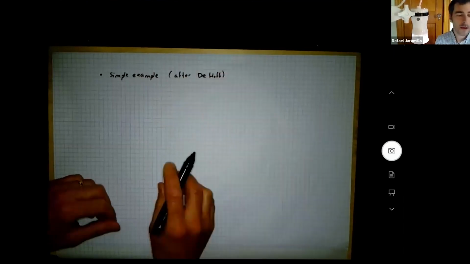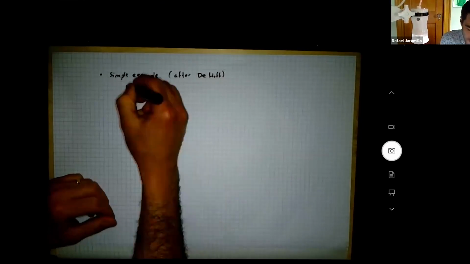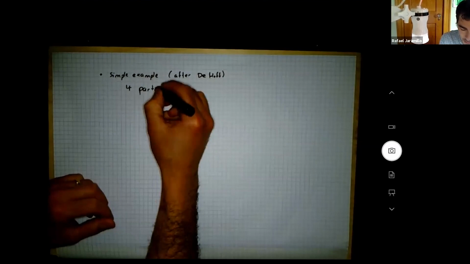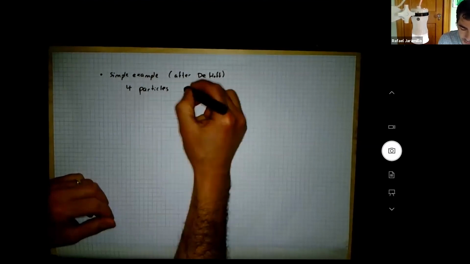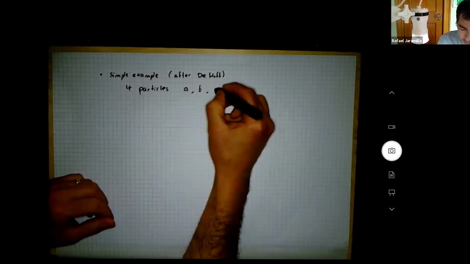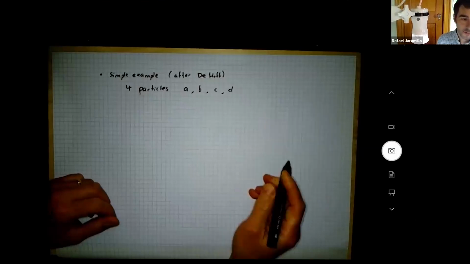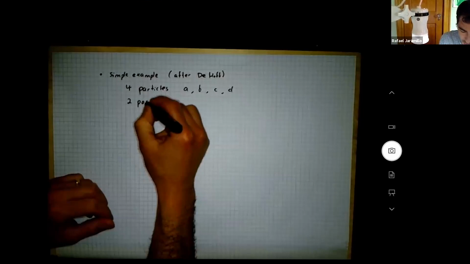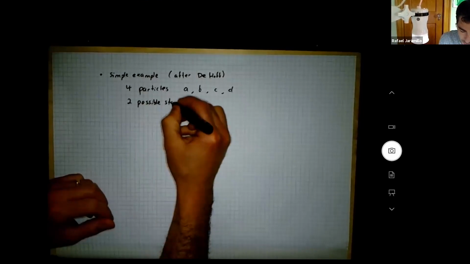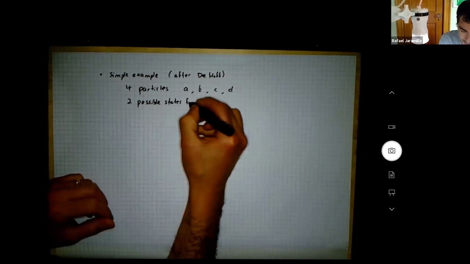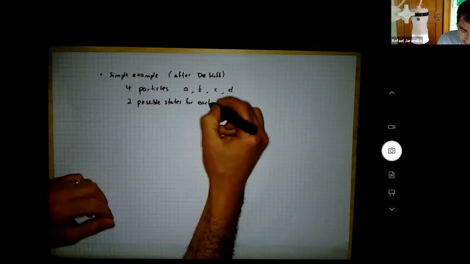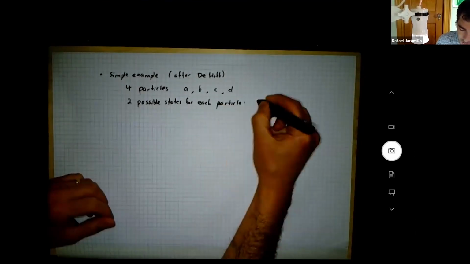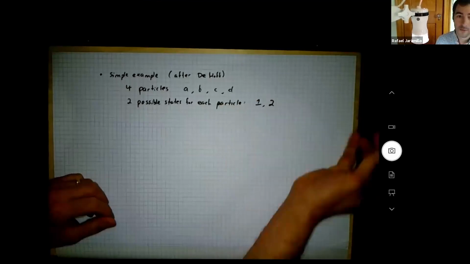So this is combinatorics. Let's say 4 particles, A, B, C, and D, and 2 possible states for each particle, 1 and 2.